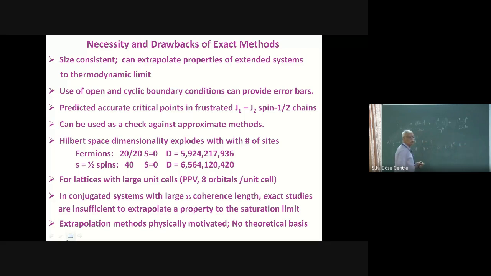So you can have an excitation here or there. Then if I have double excitations, I'll have the following. I can have both excitations on the same molecule, or one excitation on one molecule and another excitation on the other, and so forth.